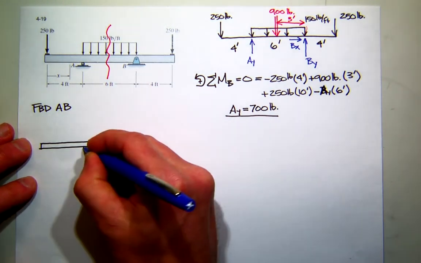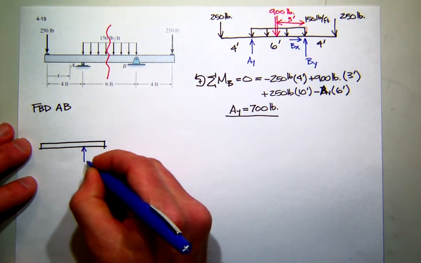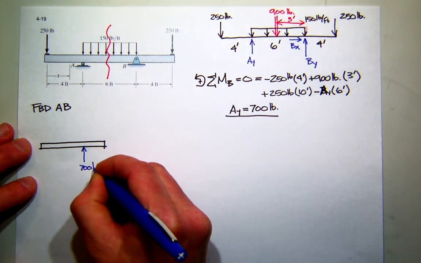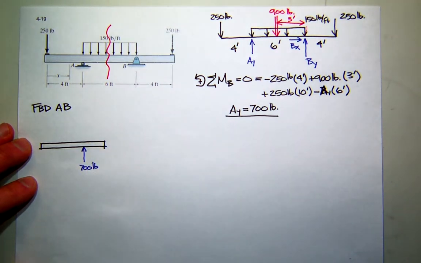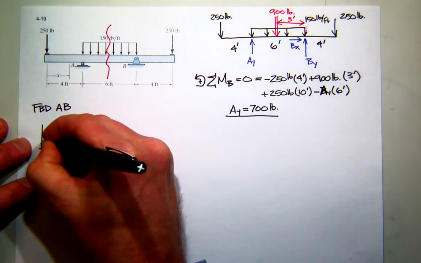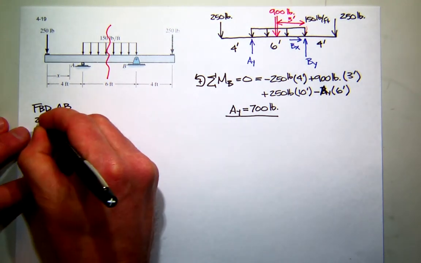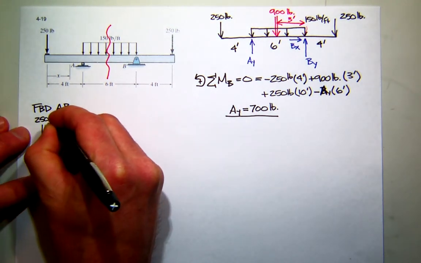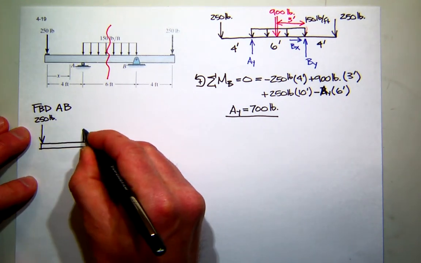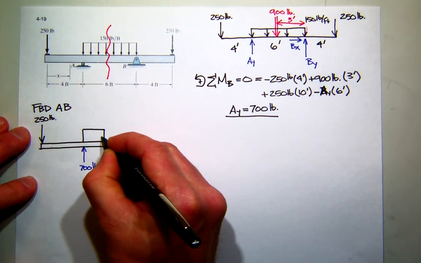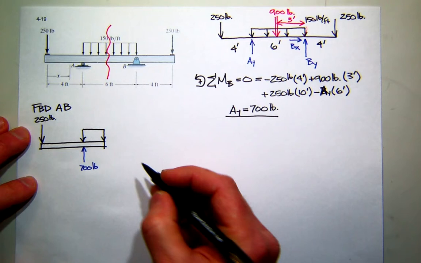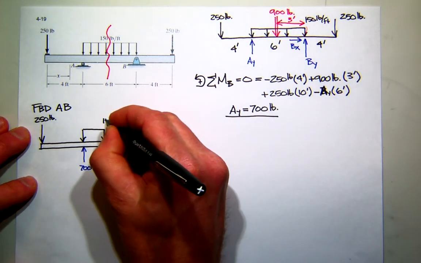I'll have my reaction, which we just found, 700 pounds. I have the applied load at the left edge, 250. And then I have a partial distributed load. And I know the intensity of that load is still 150 pounds per foot, right?